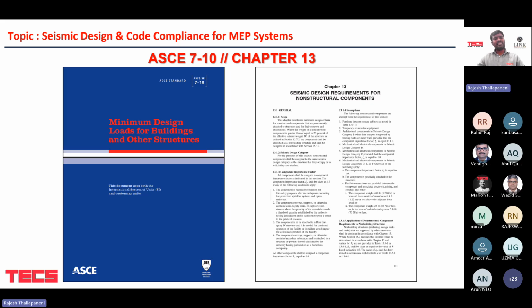In ASCE 7, there is chapter 13, which specifically highlights the requirements of basic designs that need to be followed for secondary structural elements. Again, this ASCE 7 is interlinked with IBC, NFPA, SMACNA. So this follows the interlinking of multiple codes, where these code references will be given at the end of this presentation.